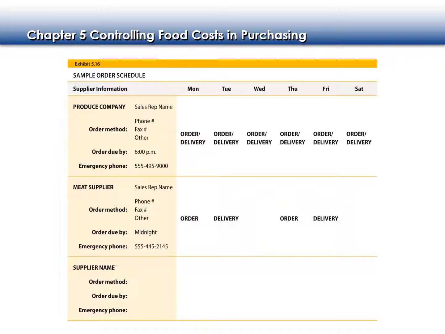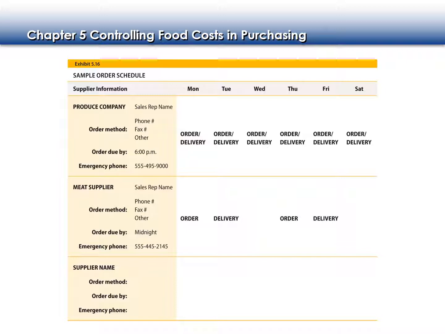Here we can look at a sample of an ordering schedule. So this one right here, we have ordering Monday and delivering on Monday. This is our produce. Our produce is something we want fresh almost every day.